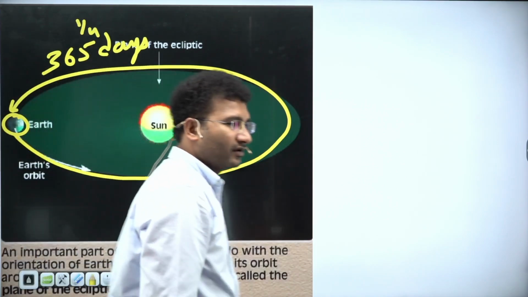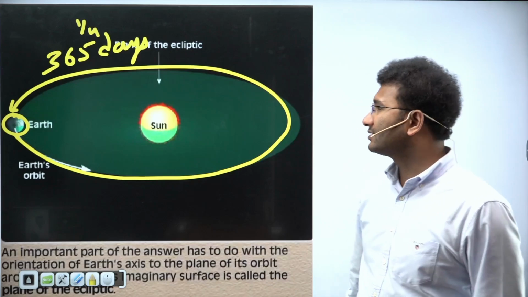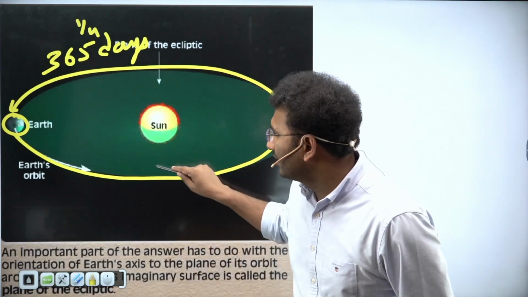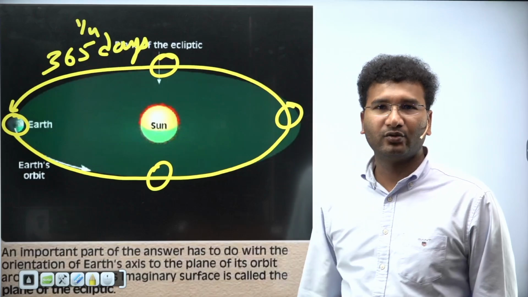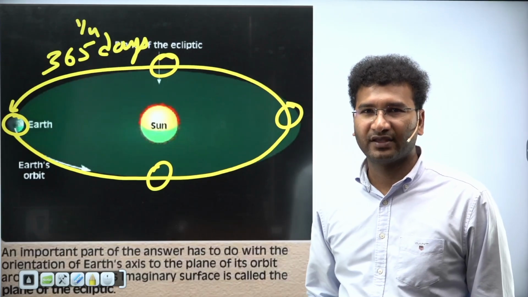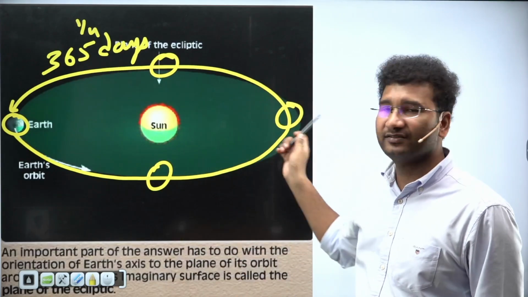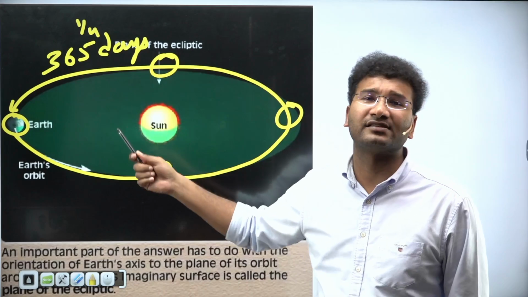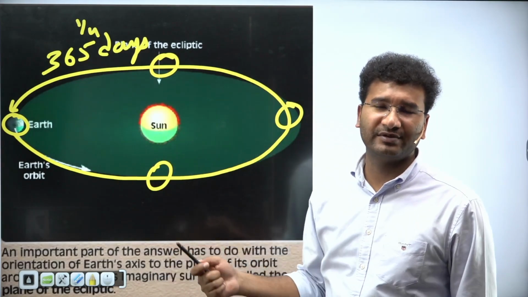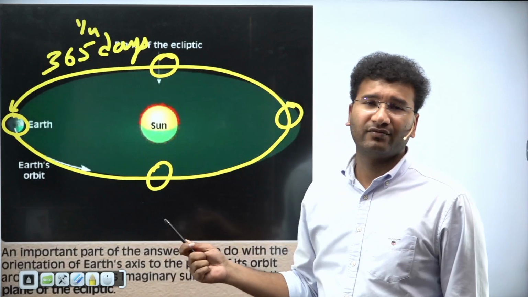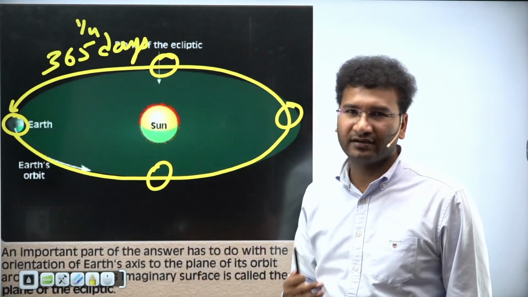Now try to understand this. It will take months together to get its own seasons. So all these 365 days are divided into some months. You'll have summer, you'll have winter, but at which position there will be summer, at which position there will be winter, for that you need to have clear-cut clarity.